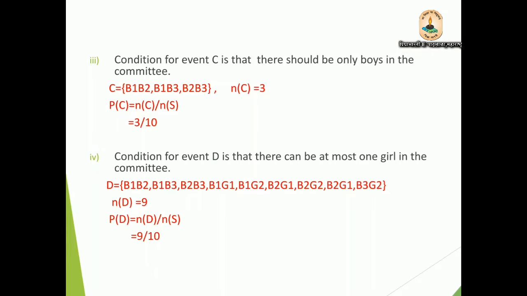There are total 9 sample points and therefore n of D equal to 9. Hence, probability of D equals to n of D upon n of S, that is equals to 9 upon 10. Thus, probability of D equals to 9 upon 10.